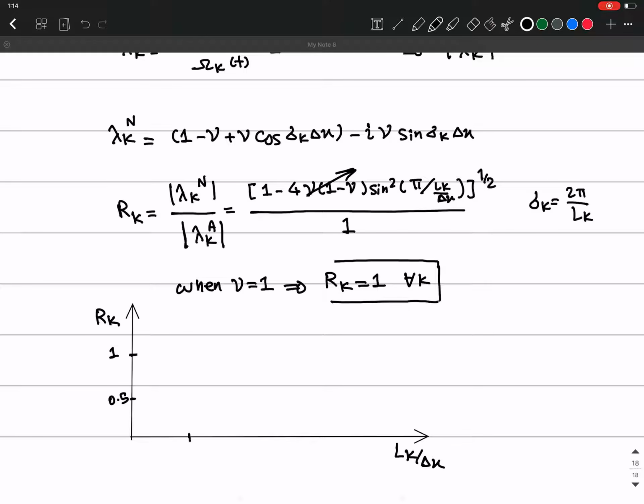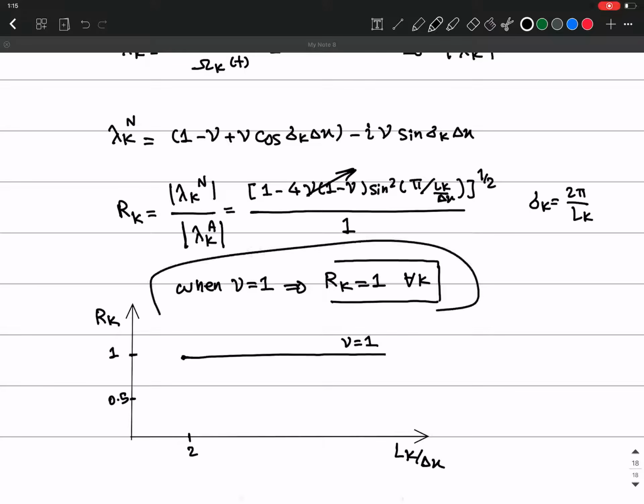So let's see. If our nu is 1, then no matter what our sigma k, or what is our k or Lk over delta x, or the discretization, the number of grids that we have, this is always going to be 1, right? So this is nu equals 1. This is what we found here.